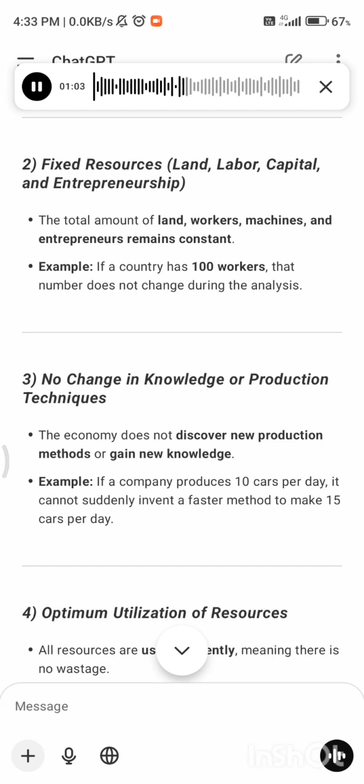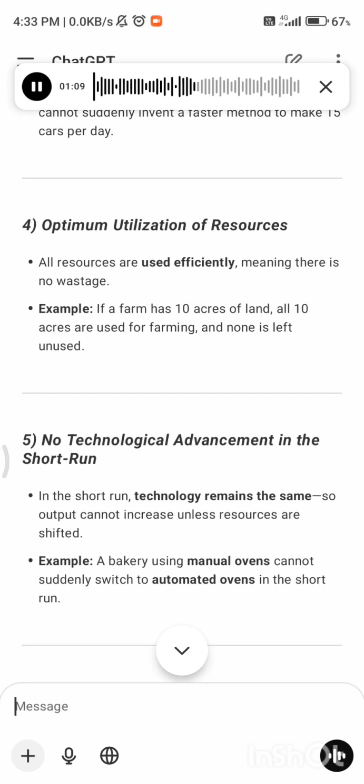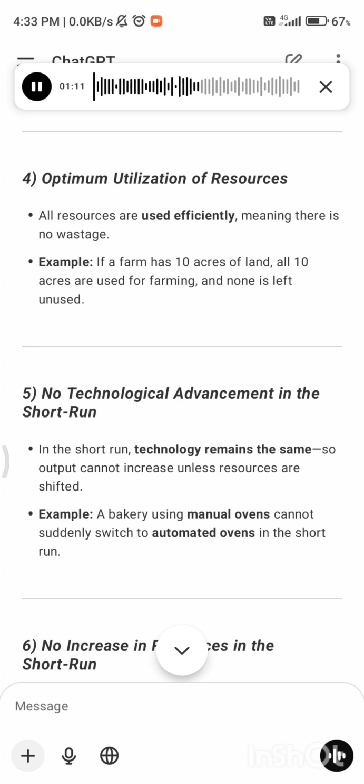Example, if a company produces 10 cars per day, it cannot suddenly invent a faster method to make 15 cars per day. 4. Optimum utilization of resources. All resources are used efficiently, meaning there is no wastage. Example, if a farm has 10 acres of land, all 10 acres are used for farming and none is left unused.